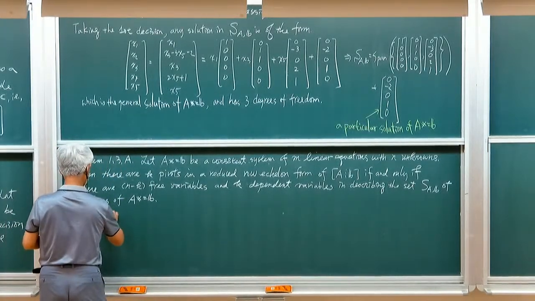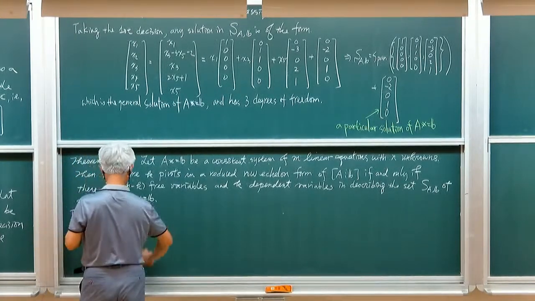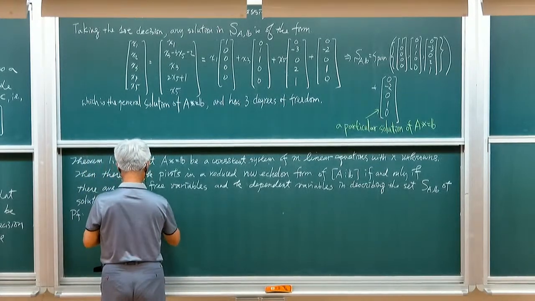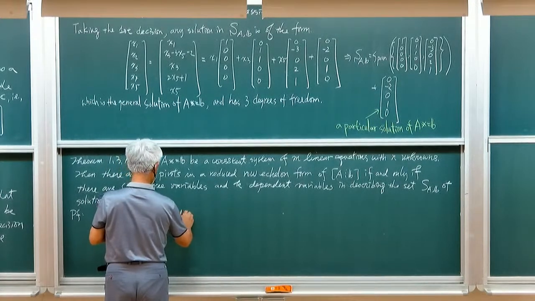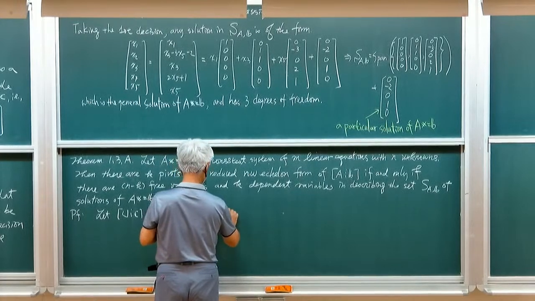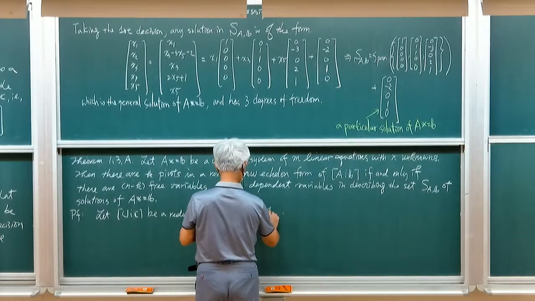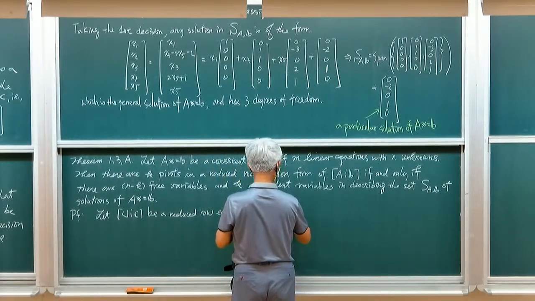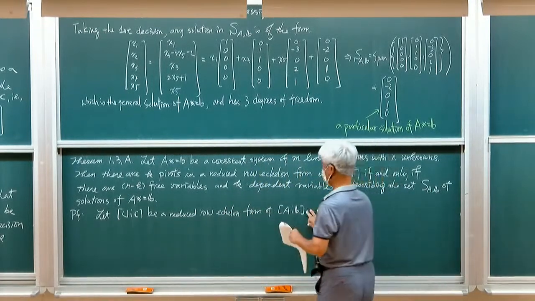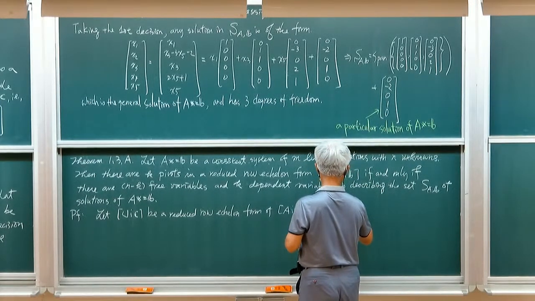All right, so let [U | c] be a reduced row echelon form of the augmented matrix [A | b] with k pivots.